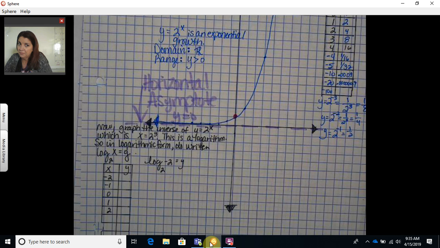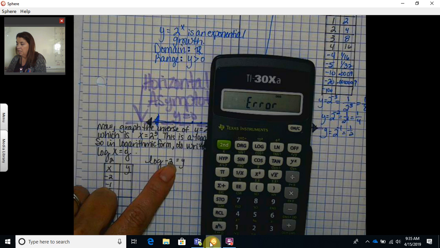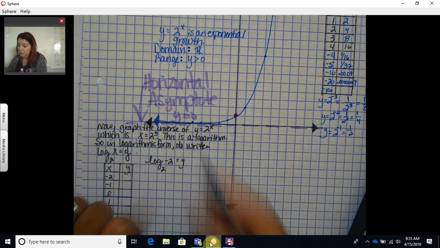Anyone? You got error. Huh. So log of negative 2 is an error. Why do you think it's doing that? What's negative? Can we take the log of a negative? No. Remember, the base has to be greater than 0, and what you're taking the logarithm of has to be greater than 0. So this graph is not going to have an x value of negative 2.